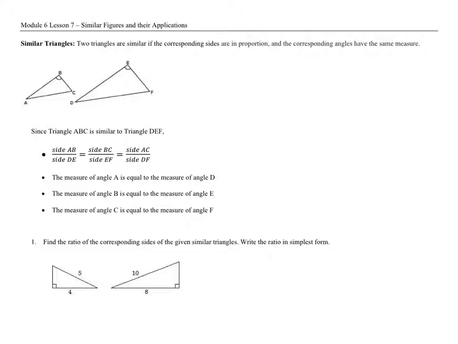Two triangles are similar if the corresponding sides are in proportion and corresponding angles have the same measure. So here's the deal on it. AB corresponds to DE. BC corresponds to EF. And AC corresponds to DF.